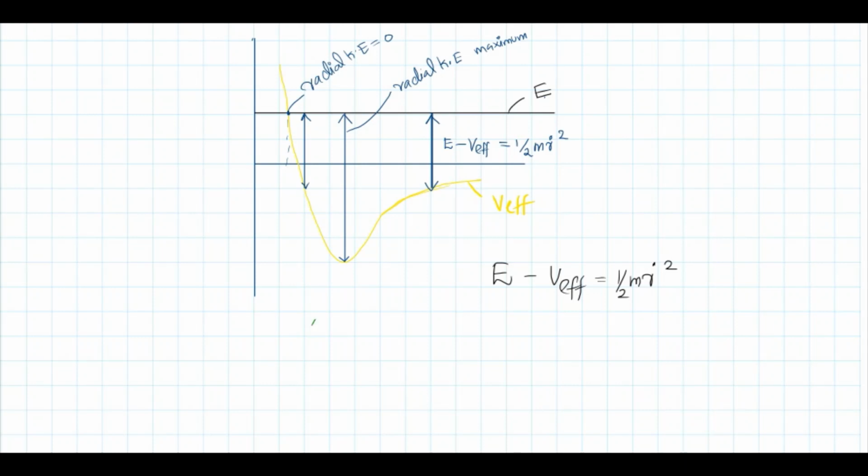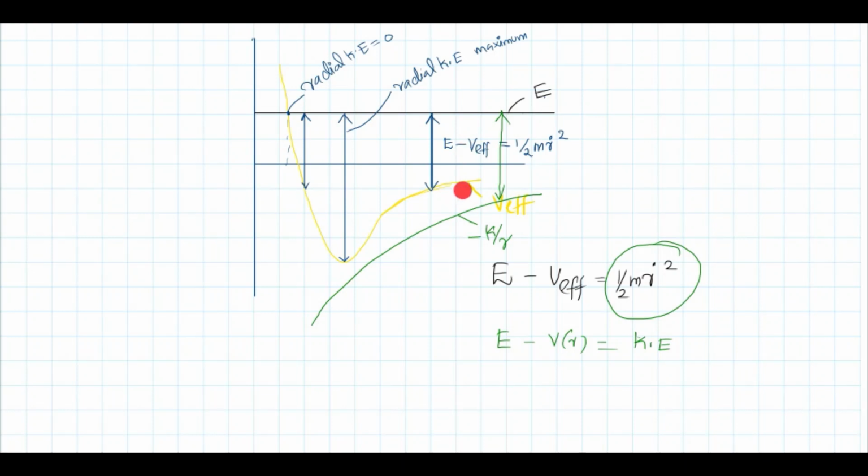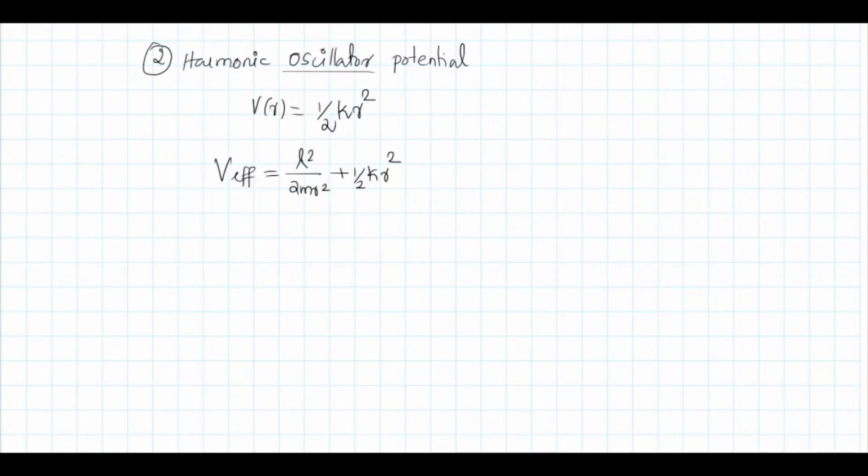If you also plot the potential minus k by r, then the difference between E and minus k by r, that is total energy and potential energy, will give you the total kinetic energy of the particle. This is actually radial kinetic energy. The difference between effective potential and total energy will give you radial kinetic energy. The difference between total energy and potential energy of the particle will give you kinetic energy of the particle. So these are the information that we can obtain from the plot of effective potential.